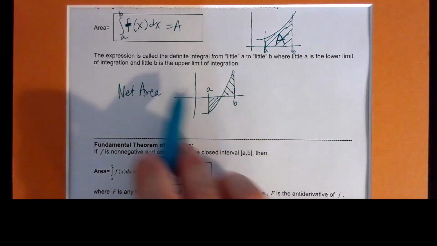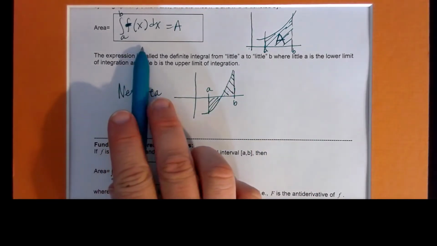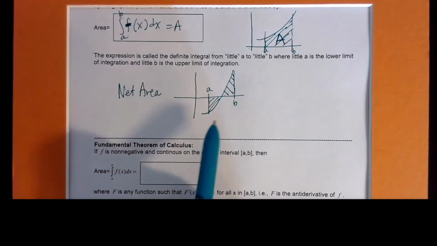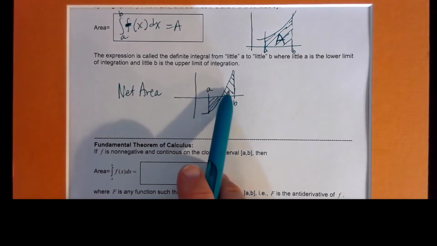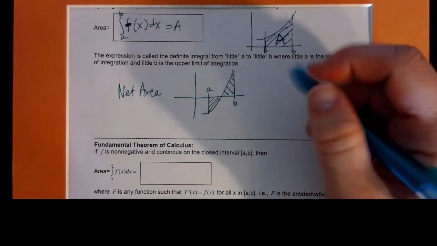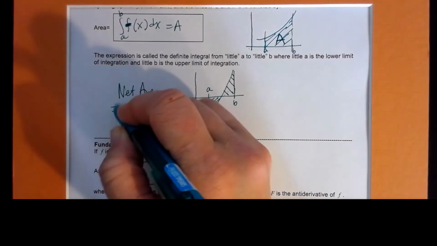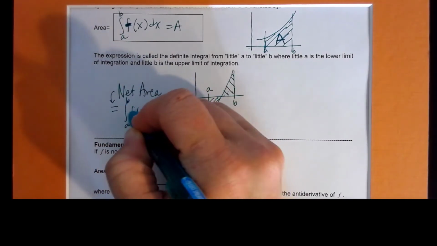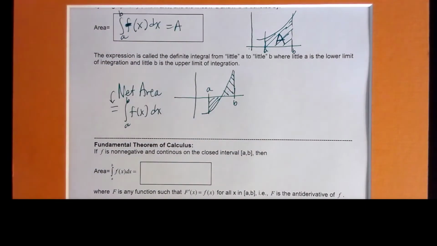So when you compute with the fundamental theorem, which is what we're going to see in just a moment, the definite integral from a to b, that's going to give you the net area. So we'd count this as negative and this as positive. So net area would equal the same thing, same notation. We just have to make sure we understand that it's net.